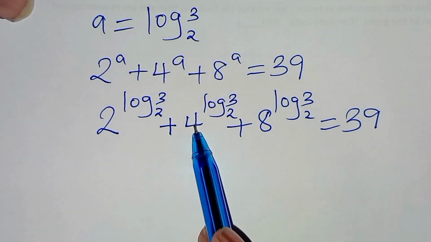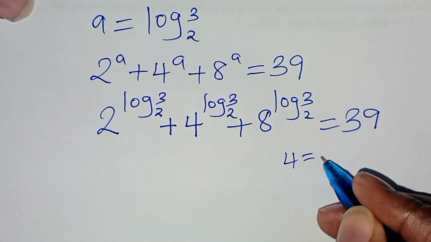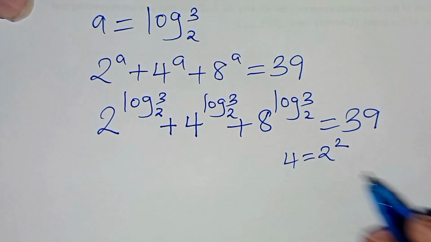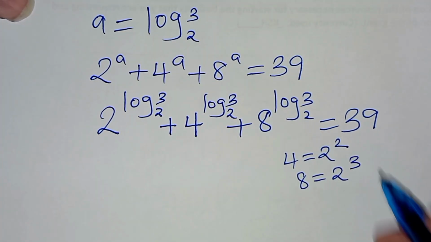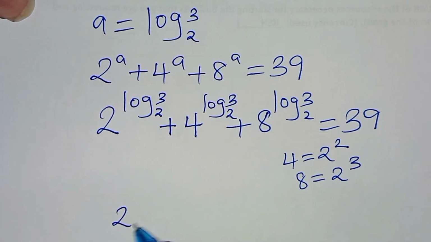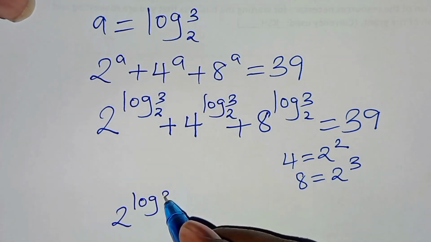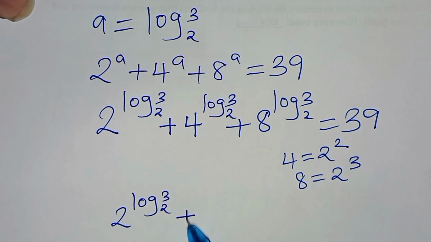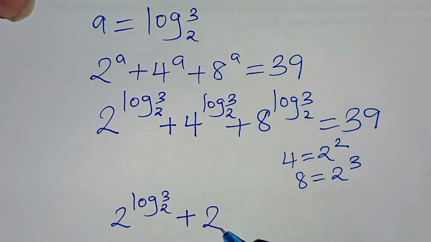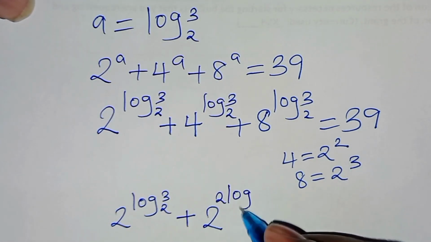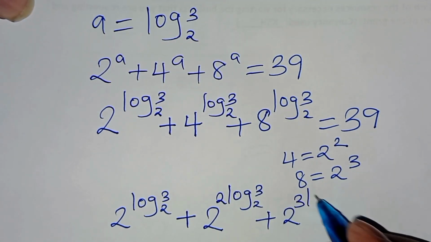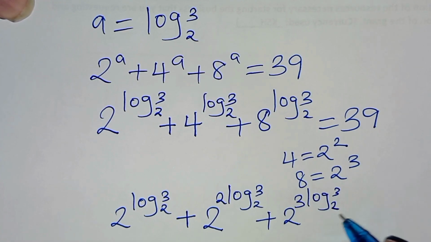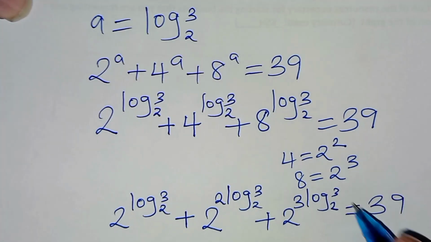Now, we can express 4 as 2 to the power 2, and we can express 8 as 2 to the power 3. Now here we'll have 2 to the power log 3 to base 2 plus 2 to the power 2 log 3 to base 2 plus 2 to the power 3 log 3 to base 2. This should give us a value of 39.